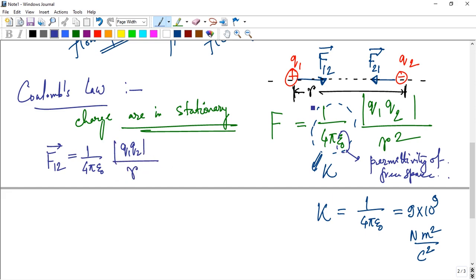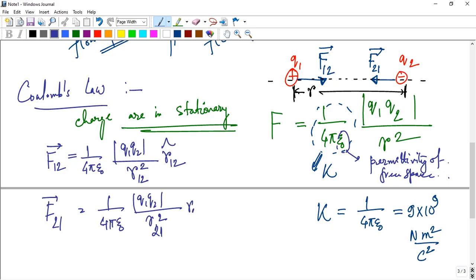Now r is a displacement vector, so it is over r12 square, times r12 cap.